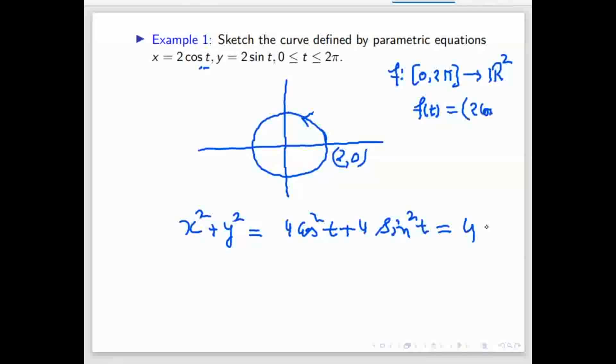So this is the vector valued function corresponding to this parametric equation. So now what is the derivative of this function f(t)? We know how to find the differentiation of a vector valued function. Minus 2 sin t comma 2 cos t.